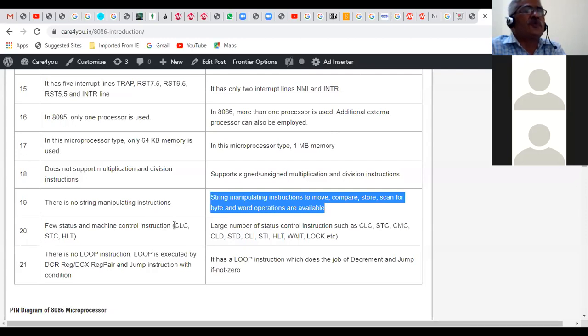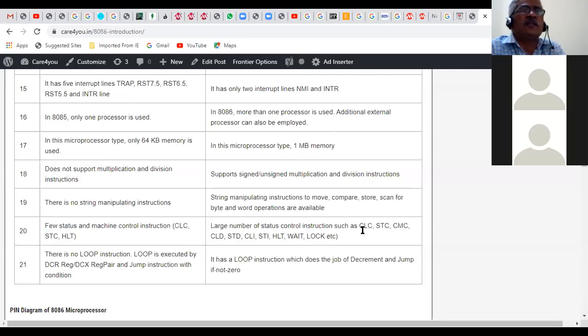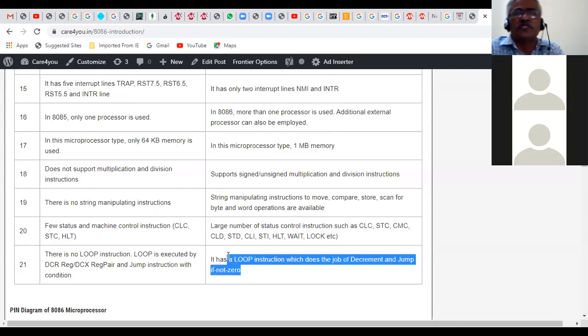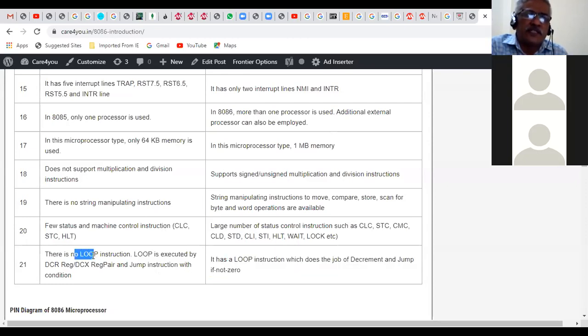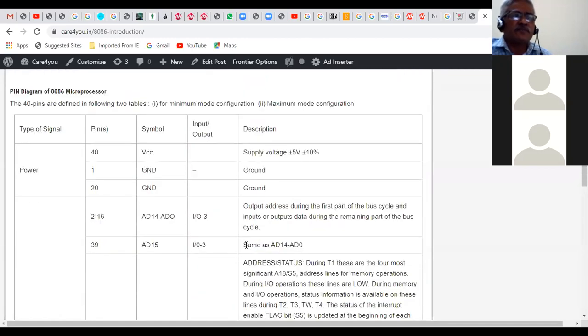Then it has few control instructions, whereas 8086 has a large number of control instructions. It does not have loop instructions, and the 8086 also supports loop instructions. In 8085, if you wanted to do a loop, how did you do it? You were decrementing the counter register and taking a decision, jump if not 0. But here you have another instruction called the loop instruction. We will discuss this in the next class.